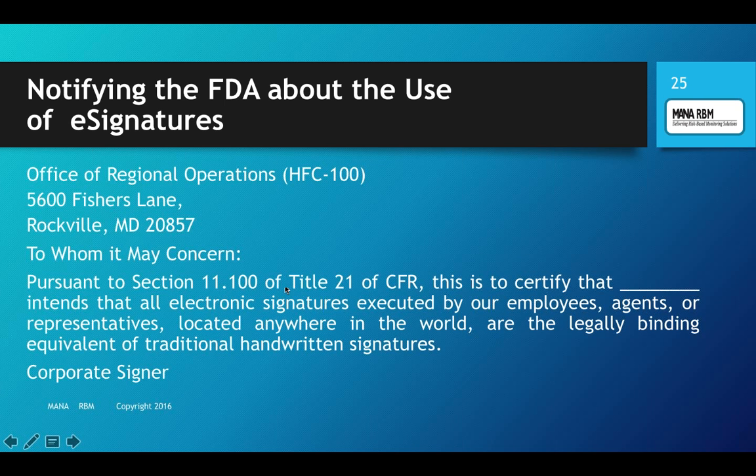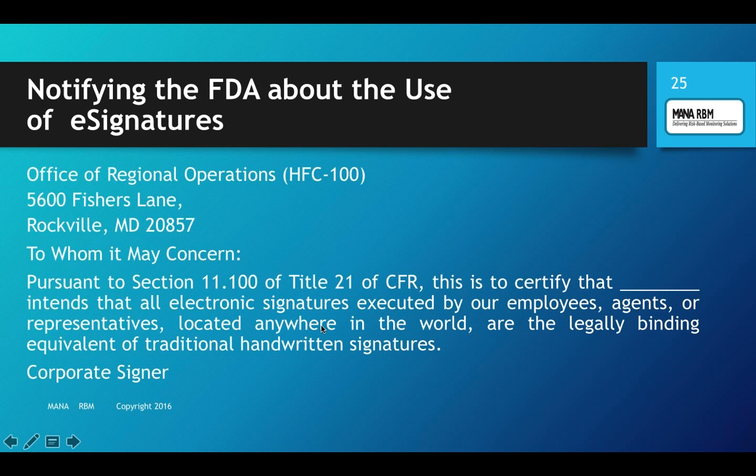The other piece that many people don't know about, but is in 21 CFR Part 11, is that if you've never used e-signatures before, then you need to notify the FDA of your intent as a company to use e-signatures.